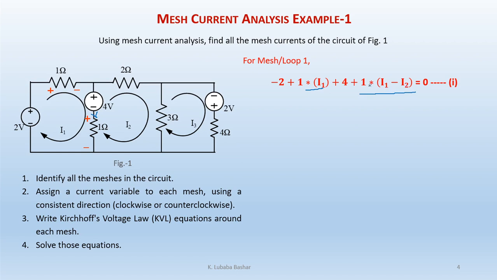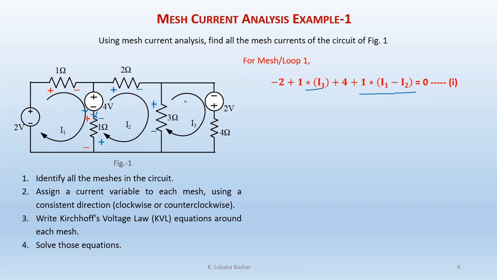Because I1 is the largest here, so the direction of the current will obviously be according to the direction of I1. See, this equals 0. The algebraic sum of voltages around any closed loop is equal to 0.